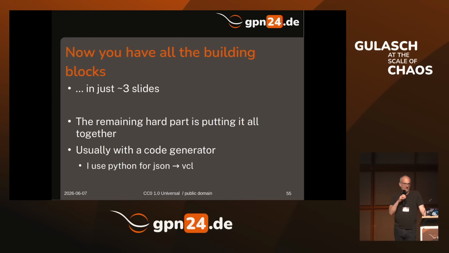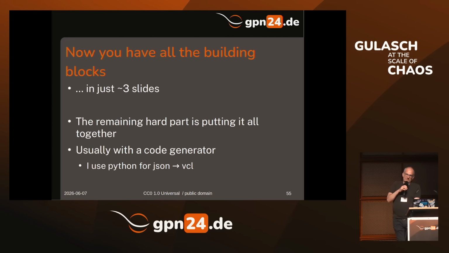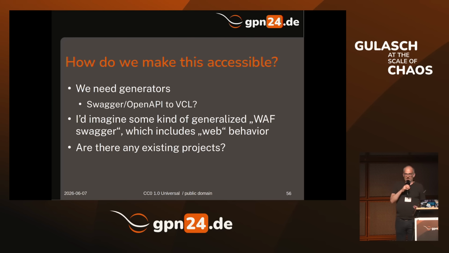I have some cases live where I used Python to generate something from a JSON definition, turn it into VCL. But really, my big problem at the moment is I would really like to see this happen in the open world, in the FOSS world.